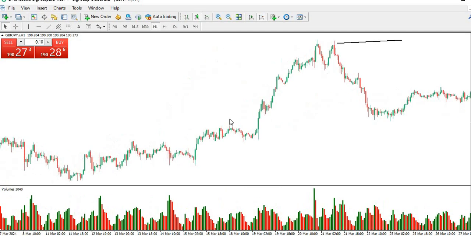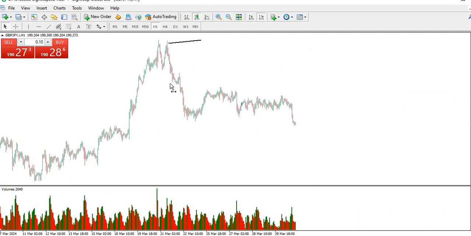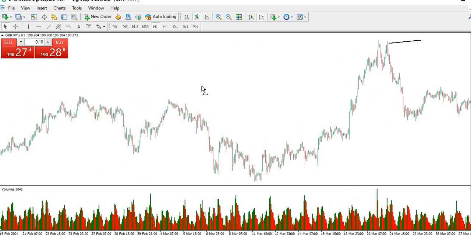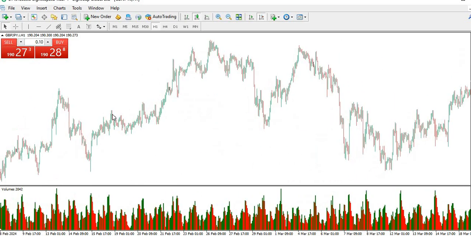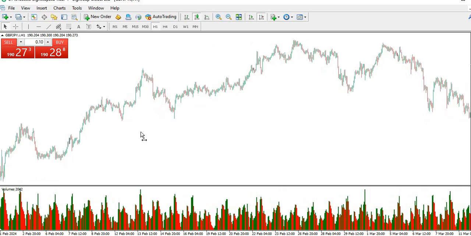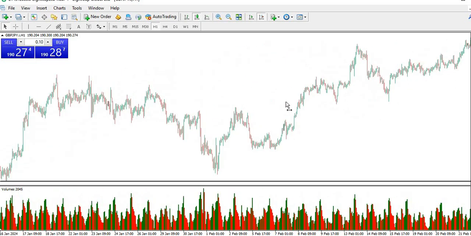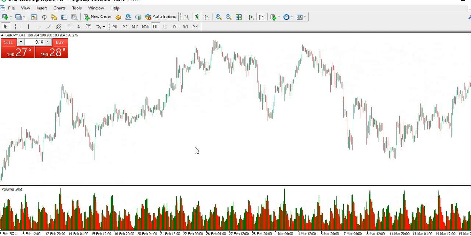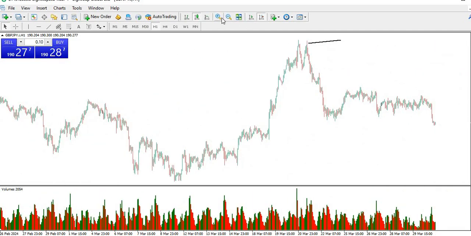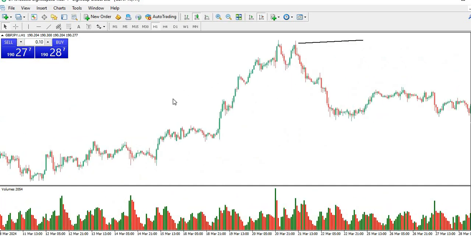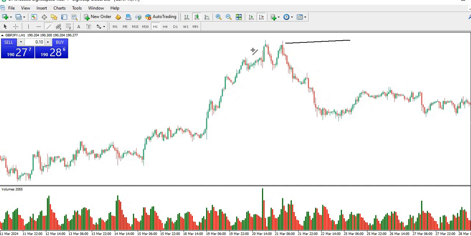As we can see on the chart too, let me minimize it a little. The trend was completely to the upside. The trend was an uptrend. The market was making higher highs and higher lows till the point where the market formed this double top pattern.